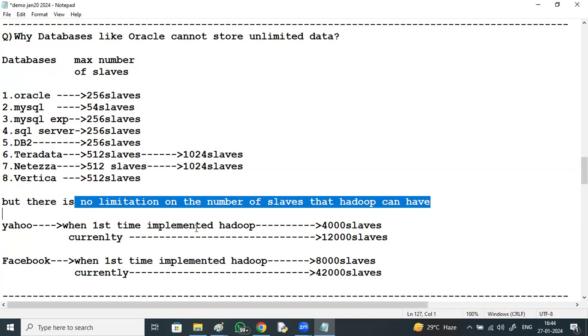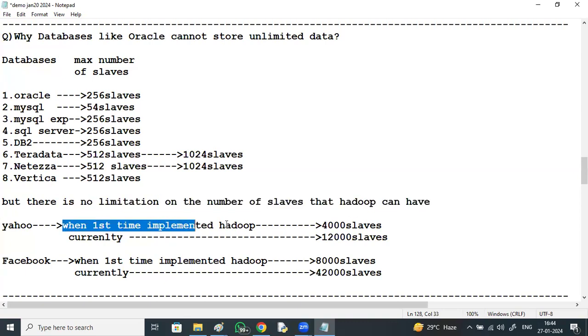When Yahoo first implemented Hadoop, it went with 4,000 slaves. Currently Yahoo is going with 12,000 slaves.